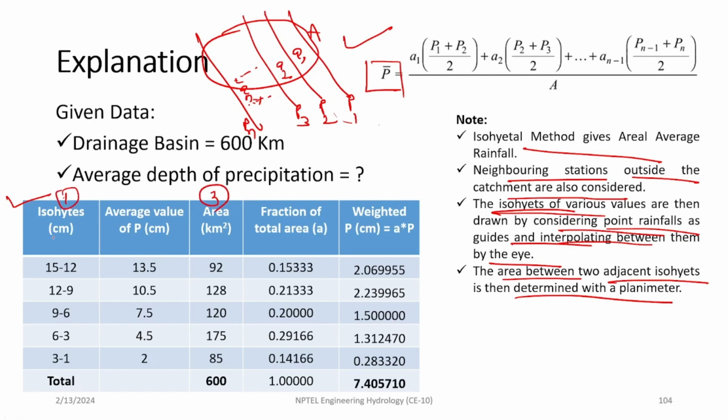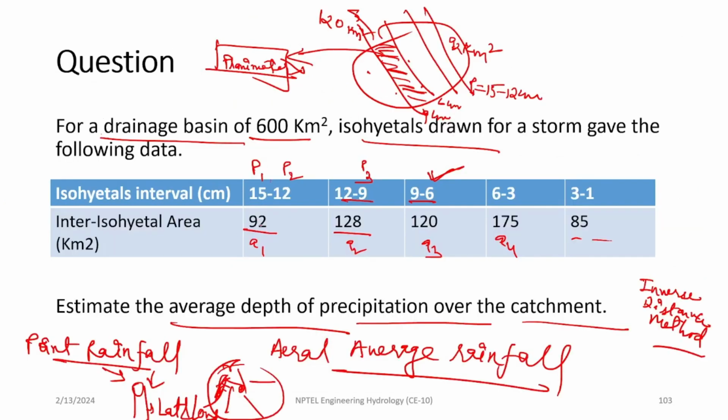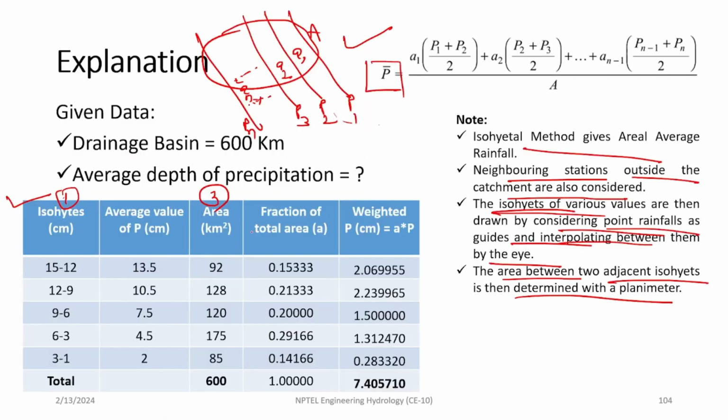So for the area, if we calculate for the first one, 15 to 12, how much area is given? It is given as 92, so we have 92 kilometer square of area. Then we get a fraction of total area, that I was talking about, that we are giving a weightage.